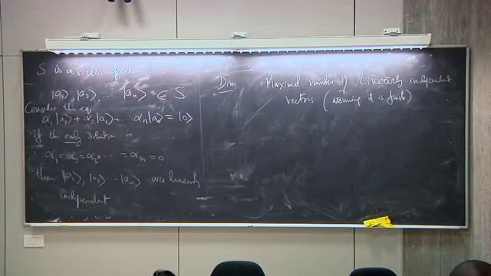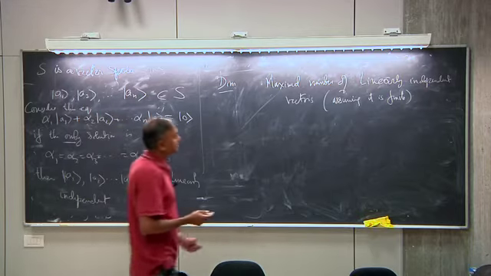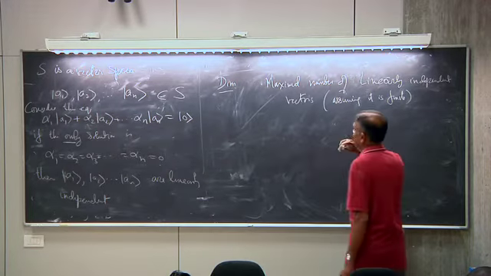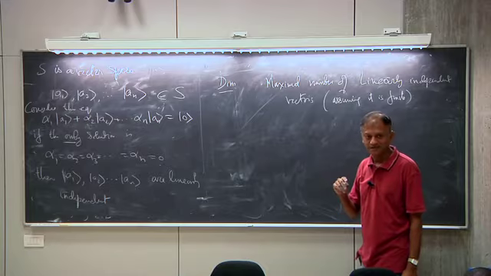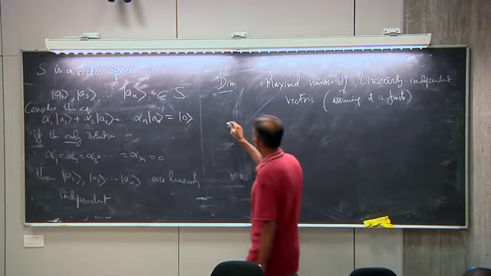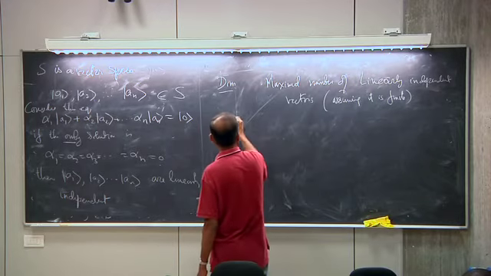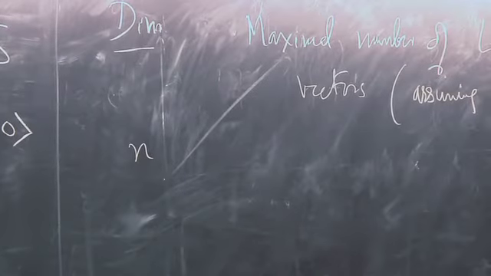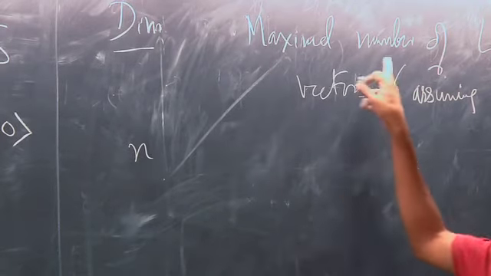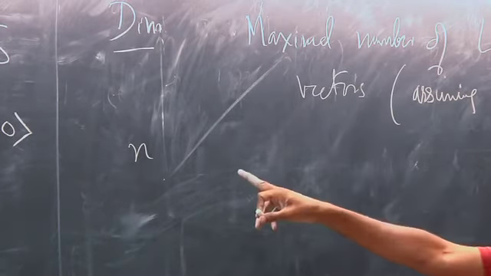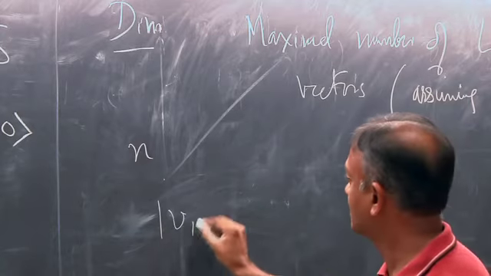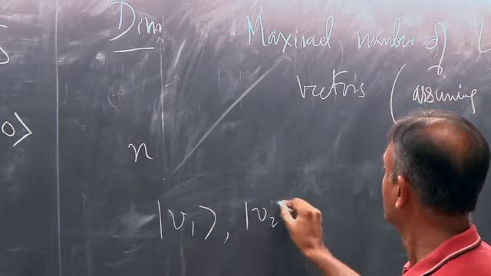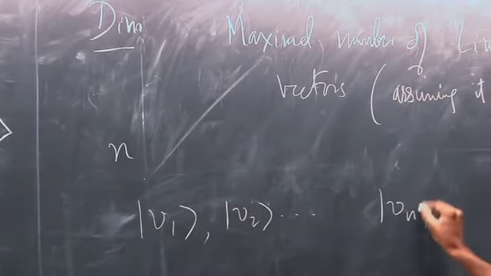Okay. So by that itself, it's very clear that that is a good definition of dimension, right? Suppose in some particular example, this maximal number of linearly independent vectors is n, and let's suppose those vectors are v1 up to vn.